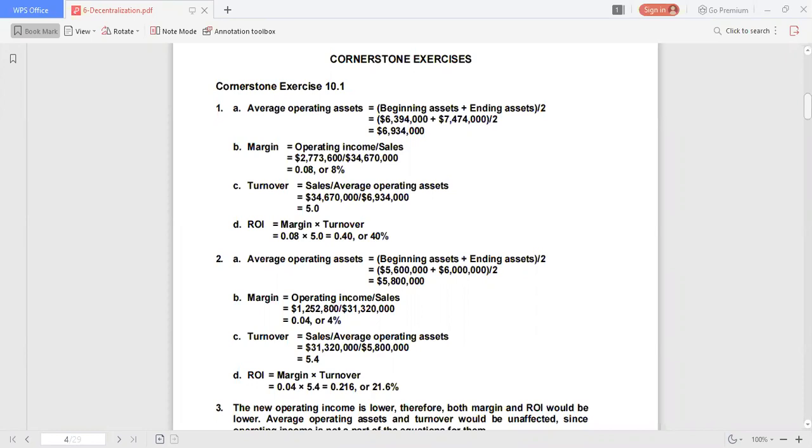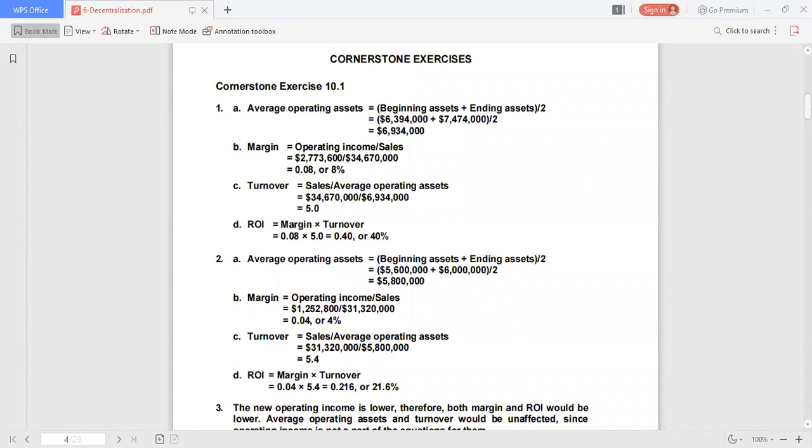So we have the sales of 34,670,000 divided by the average operating assets. So the turnover is 5. And the ROI is taken by multiplying the margin by the turnover. So the margin is 8% or 0.08, and then we multiply it by 5. So the ROI is 40%.